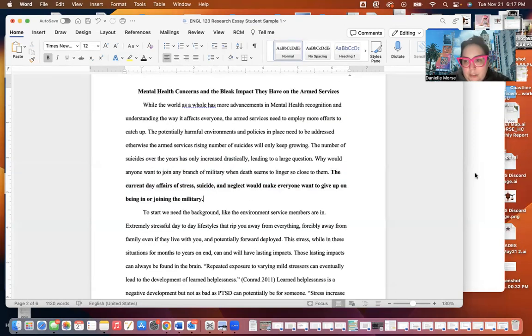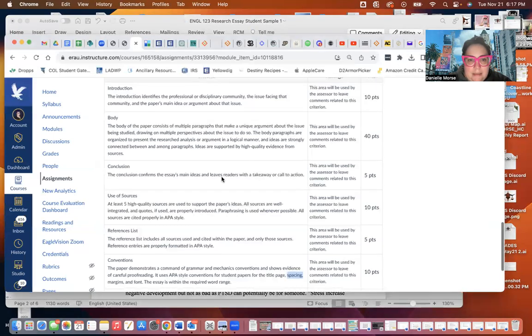If we go back to look at the introduction, the basic criterion: the introduction identifies the professional or disciplinary community. Now, I will remind you here that this used to be called a classical argument paper.